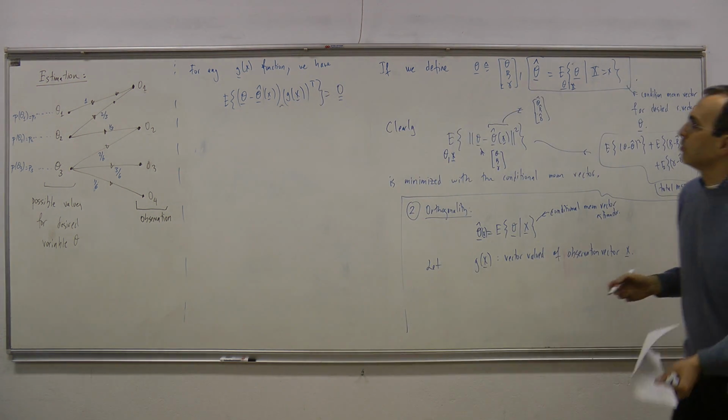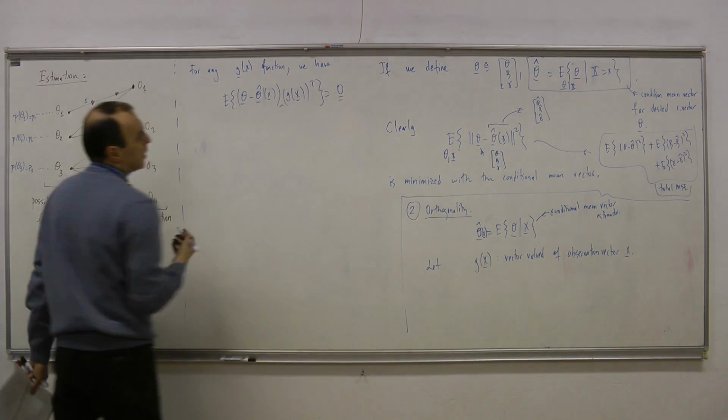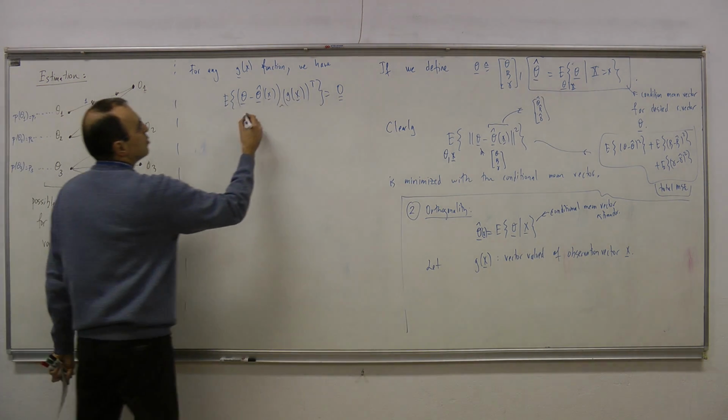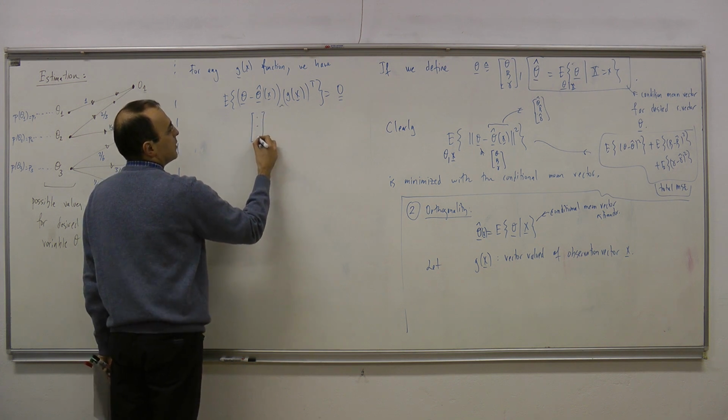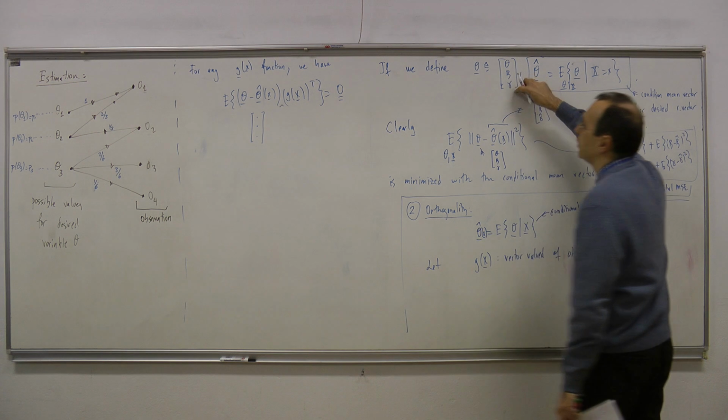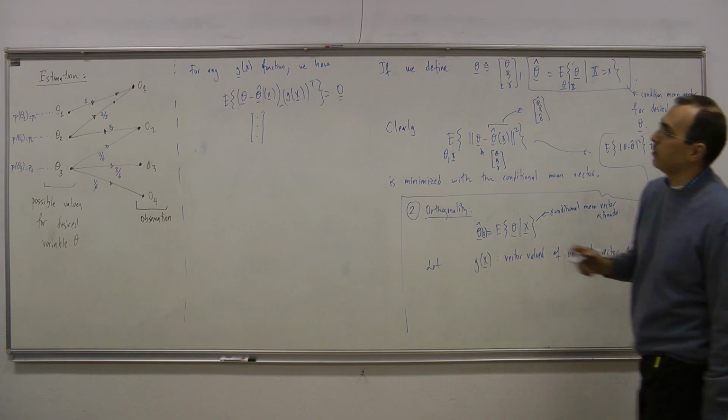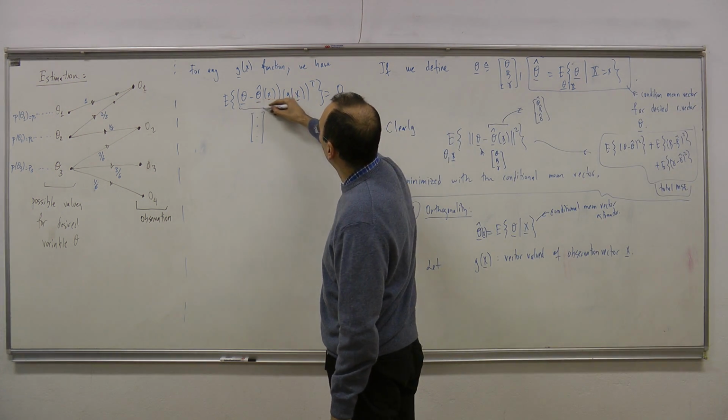This is like a general result. So this is the error vector. Let's say in our case we have the 3 terms, theta, beta, gamma. So this is the error vector for this one.